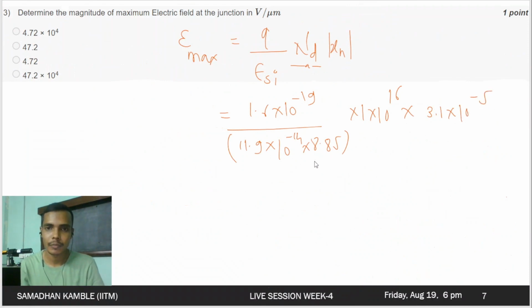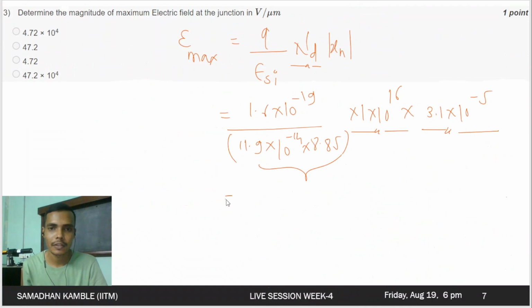So beware that the units need to be consistent. For example, we are using xn in centimeter, the doping in per centimeter cube, and the units for epsilon for silicon should be in centimeter for the length.